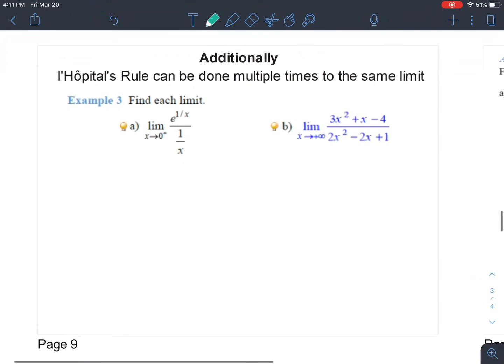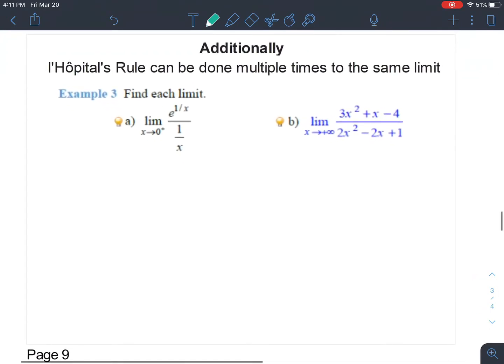Okay, so one other important thing to note about L'Hopital's rule is that we can do it multiple times for the same limit. Now, when I was practicing these questions earlier, I noticed that actually one of these, you don't need to do it multiple times, but for the other one, you definitely will. Remember that what we need to do first is we need to show that we get an indeterminate form.